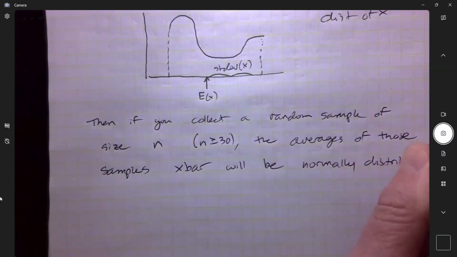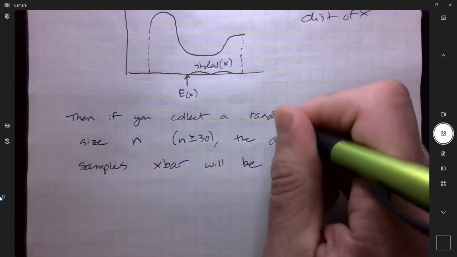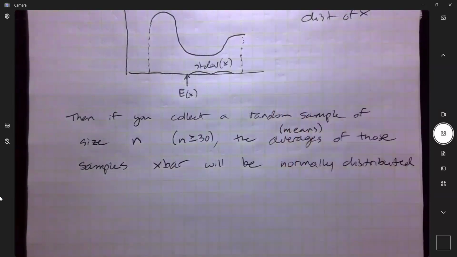That's the first useful consequence. Even if your probability distribution isn't a bell curve, your sample means will be normally distributed. But there's more.